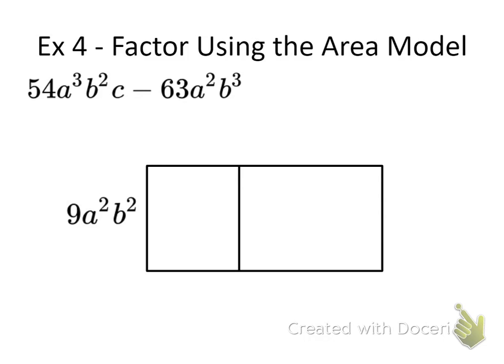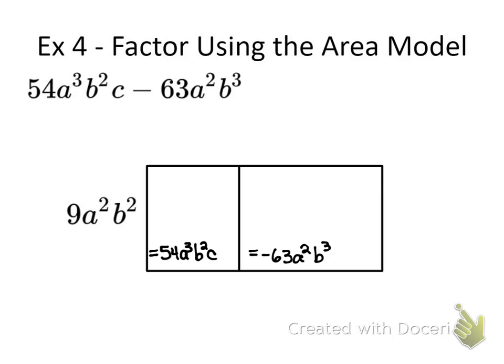How many rectangles do I have? Two. So this is going to represent my area. So what's the area of my first rectangle? 54a cubed b squared c. And what's the area of my second rectangle? Negative, take that negative with it. Negative 63a squared b cubed.